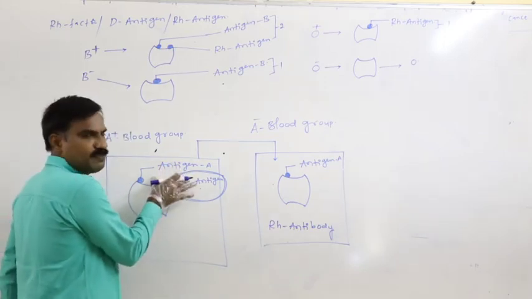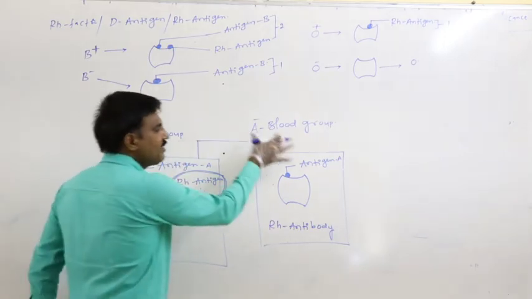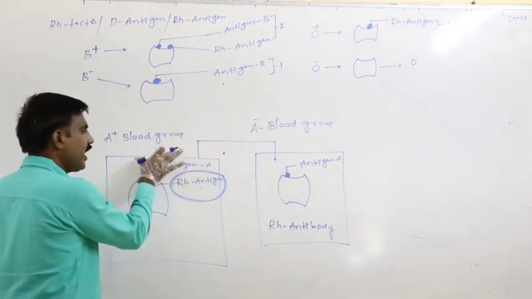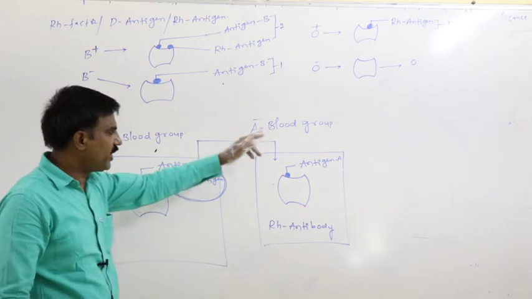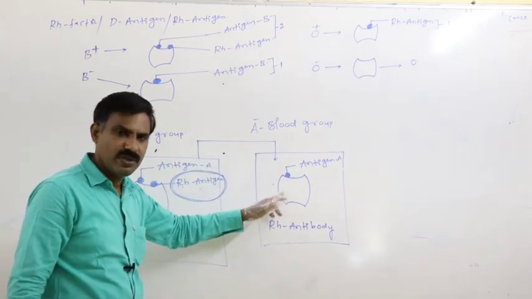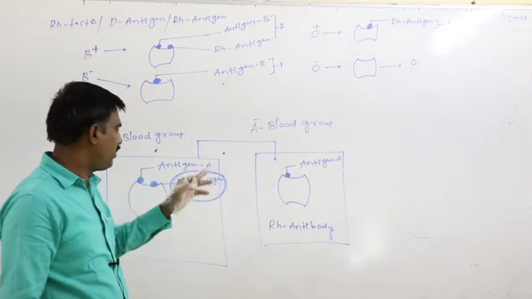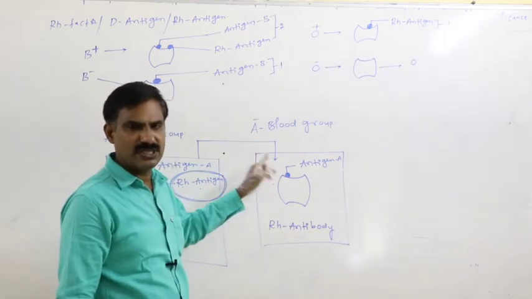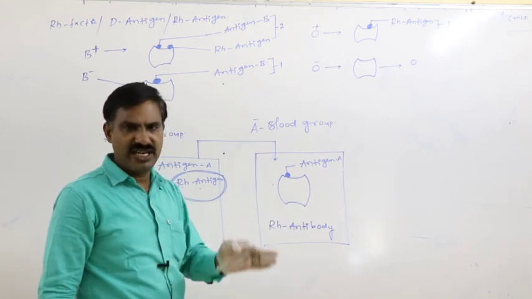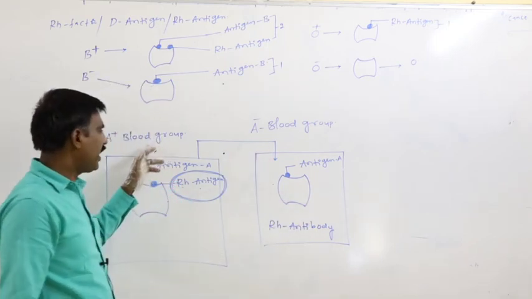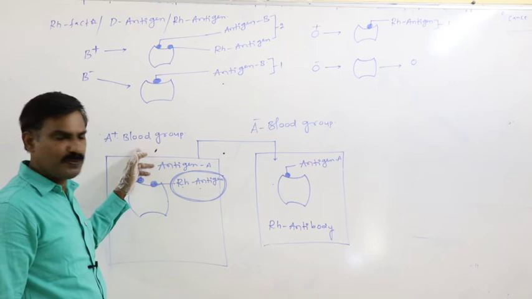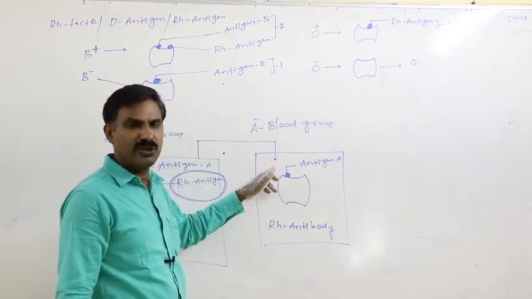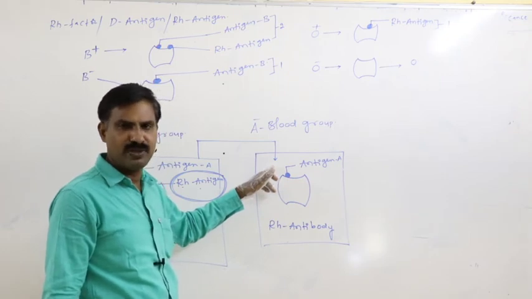Whenever A positive blood is transferred into A negative blood, or whenever we transfer the blood from an AB positive blood grouped person into an A negative blood grouped person, RBC cells enter the A negative person during transfusion.